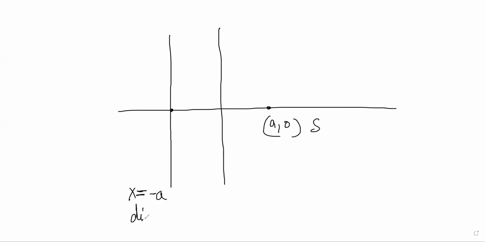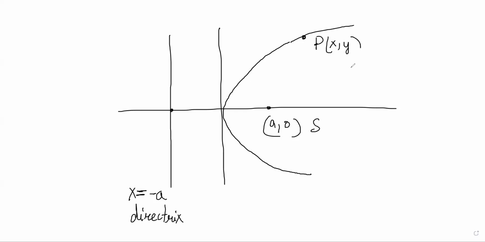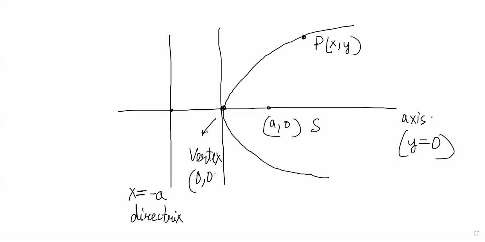This is my directrix, and the parabola basically will be this curve. P can be any point on the curve, right? The axis is this line, the line y is equal to 0, and this point is known as the vertex. This vertex in this case is (0, 0).